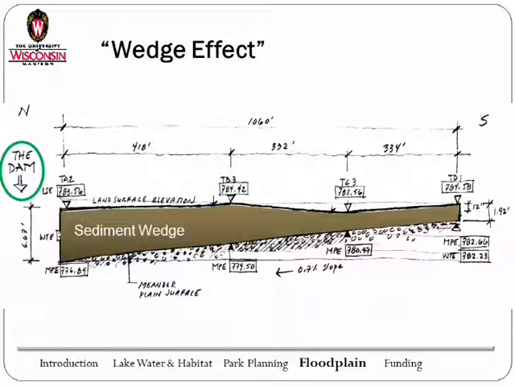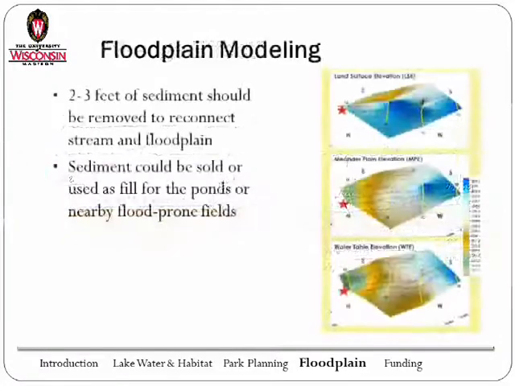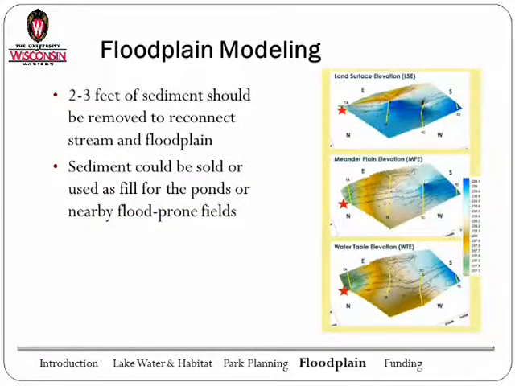We took all of this information and entered it into a model where we modeled the three surfaces: the land surface, the bottom of the old floodplain, as well as the water table, which we were able to get measurements of through our soil cores. We found that about 2 to 3 feet of sediment has been deposited on top of that surface that existed before the dam was put in place.